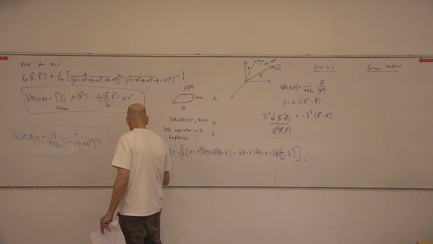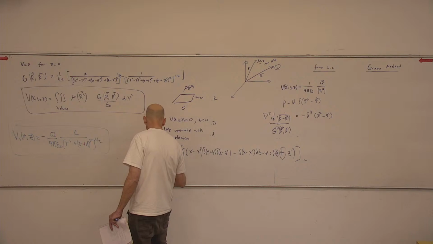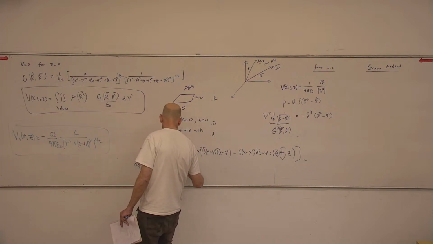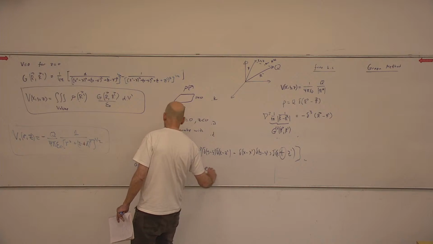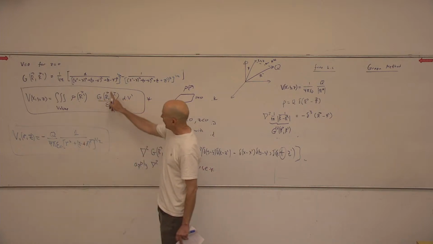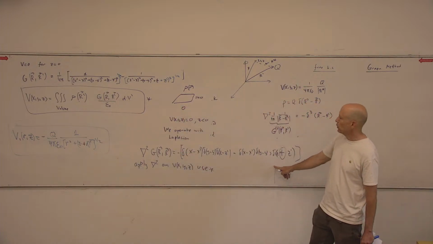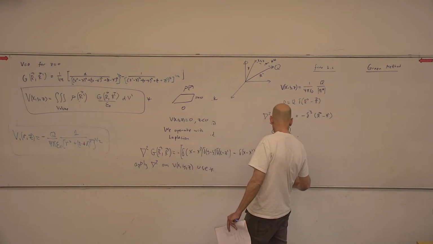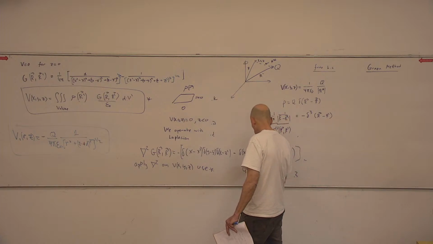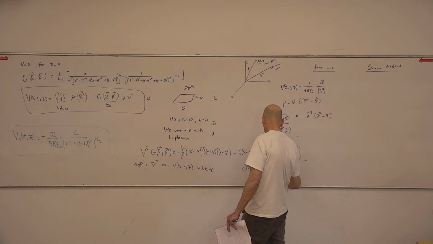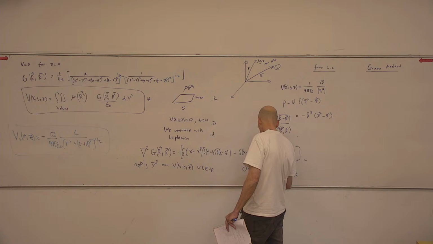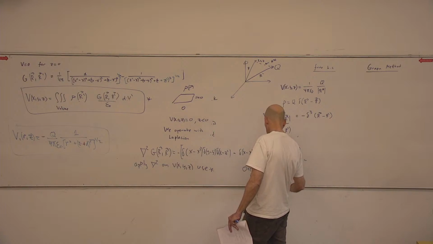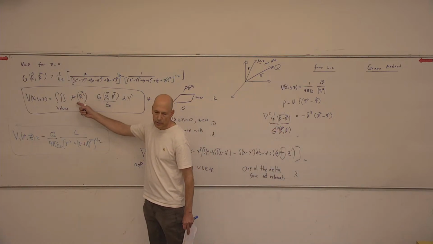Okay, so we apply the Laplacian on V of x, y, z, right? And we use this equation here. I get out these two delta functions as I mentioned before. One of them is not relevant, because you do not integrate on that part. The integral of one of the delta functions is not relevant because of the integration over the density that is in here.